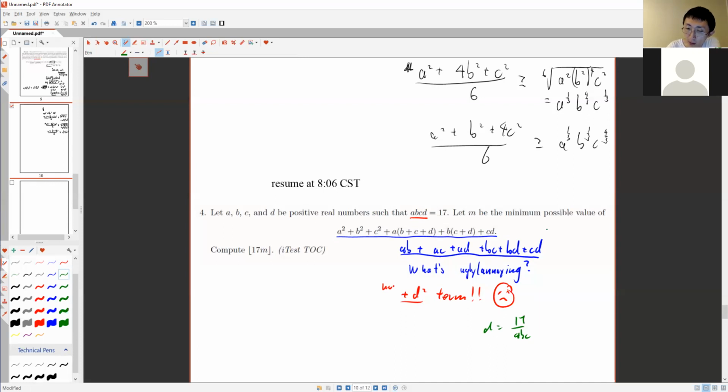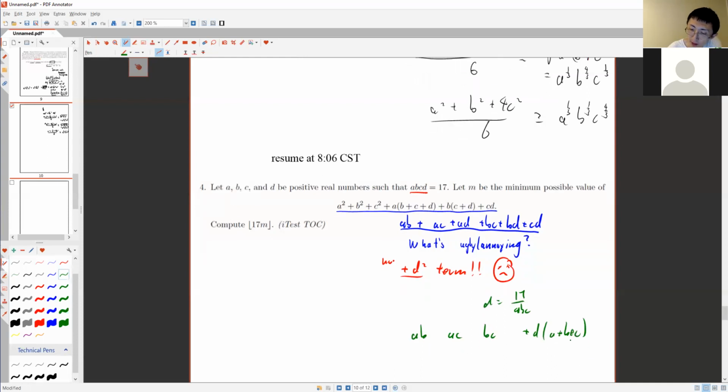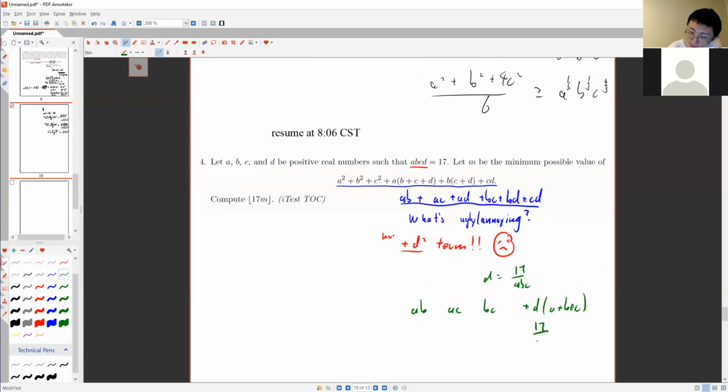But basically we have the AB, AC, BC term, and then we have a D times the other 3 terms. And if we plugged in 17 over ABC for this, we would just have something like 17 times 1 over BC plus 1 over.